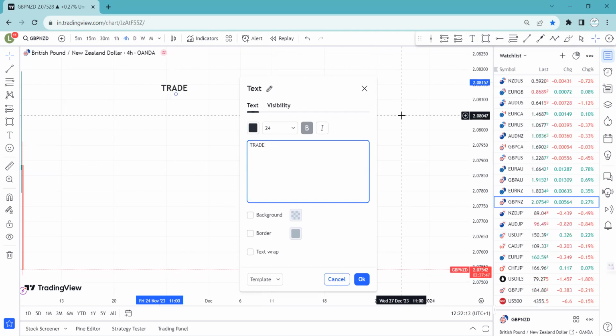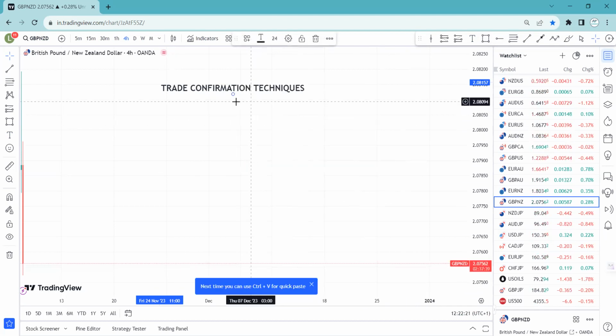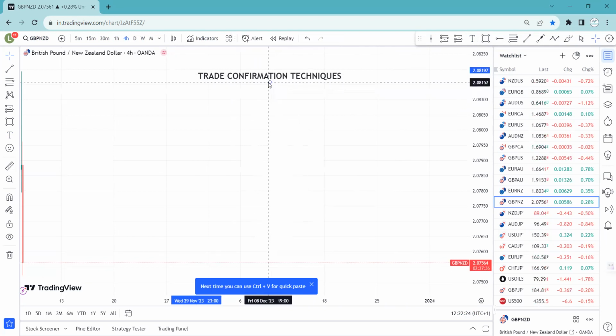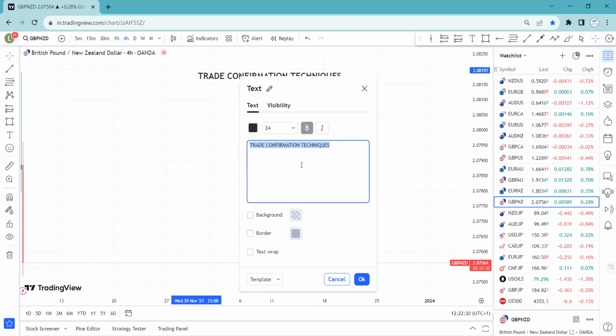So I'll just simply type trade confirmation techniques, okay? Now, there are so many ways on how to confirm trades, and a whole lot of them. Of course, number one, you probably may want to use price action.